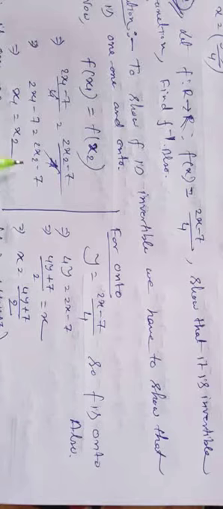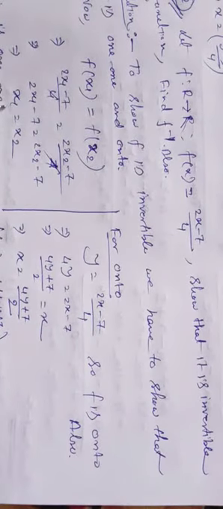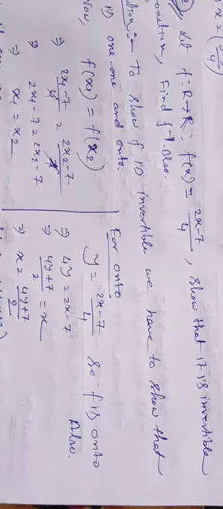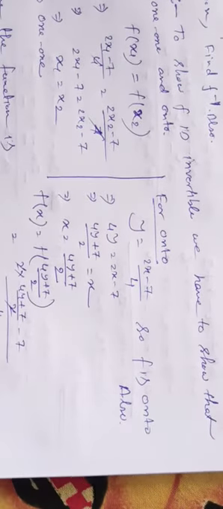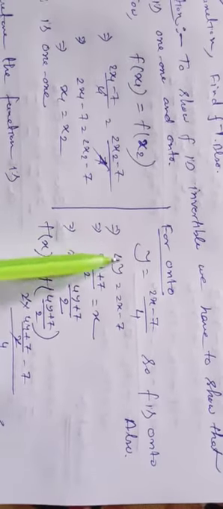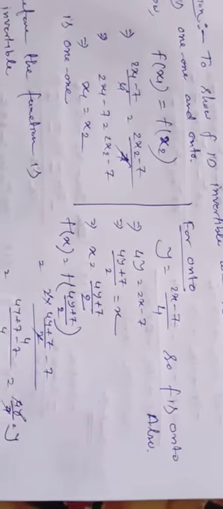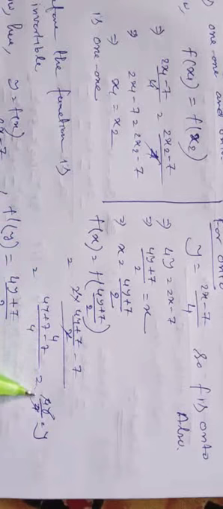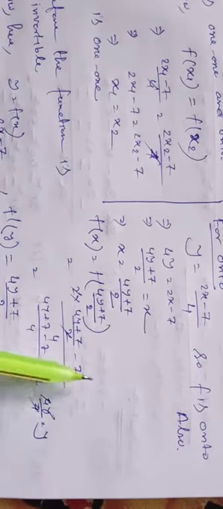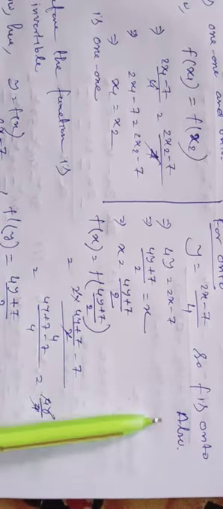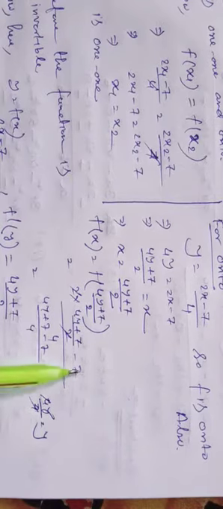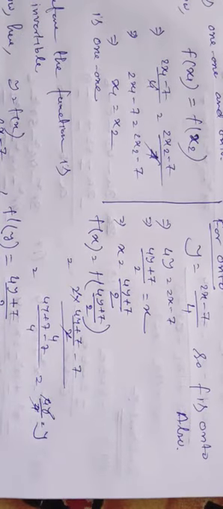Similarly, we go through the same process. f(x1) = f(x2) implies x1 = x2, that means f is 1-1. Next, for onto, we take y equal to this and x equal to this. Now f(x) = f(4y + 7)/2. We get this is y, so we can say that f is onto. So 1-1 and onto both are happening.